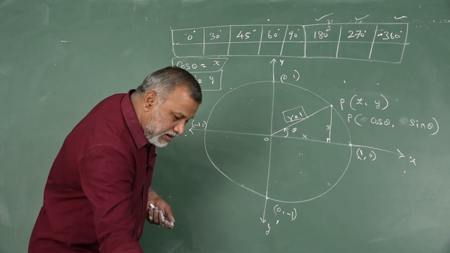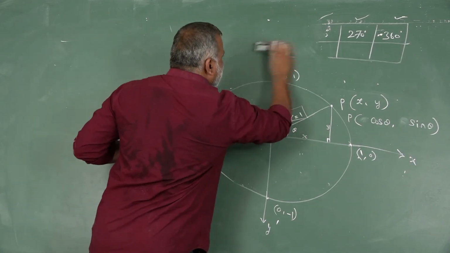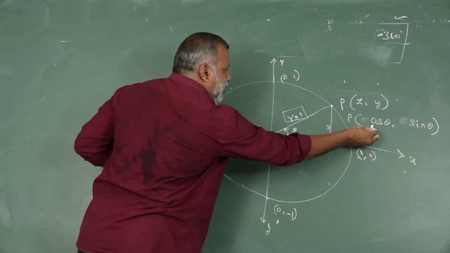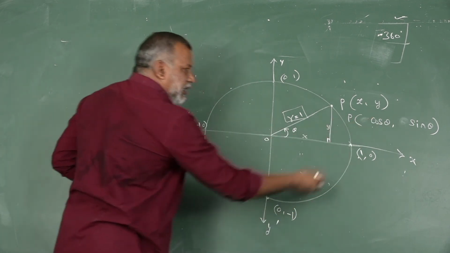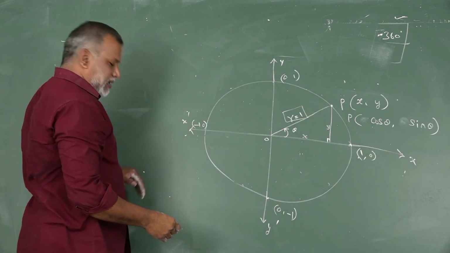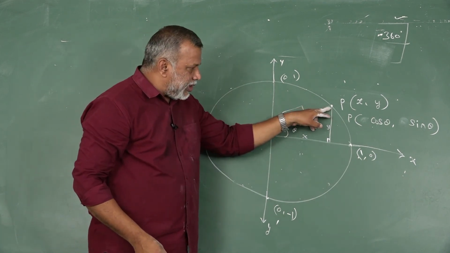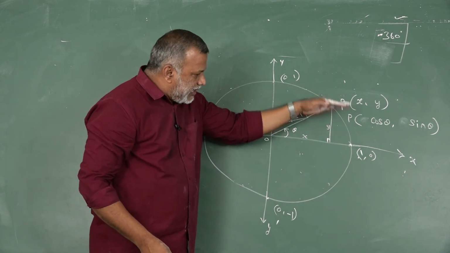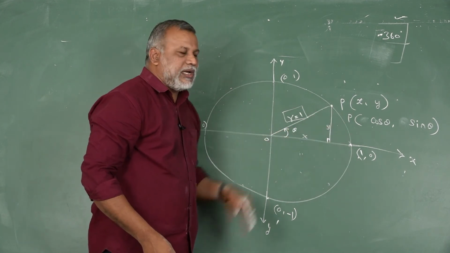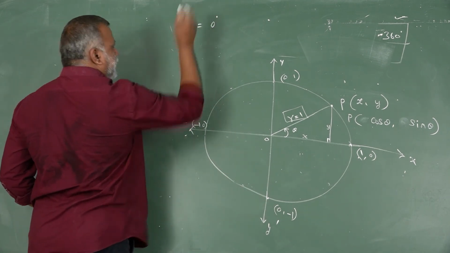Listen carefully. This point cos theta, sin theta reaches this place, where it coincides with the x-axis. Then theta becomes 0. Once again, this point P of x comma y coincides with the x-axis, this place. Then theta becomes 0. Now first one, theta becomes 0 degree.